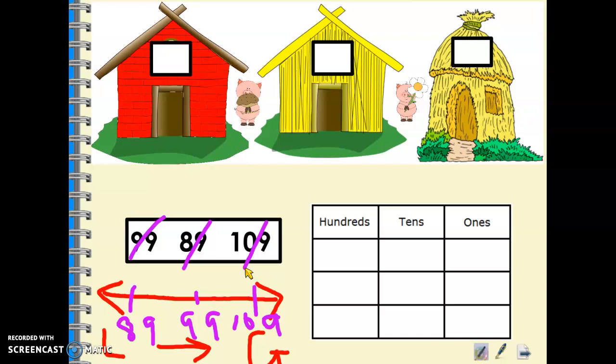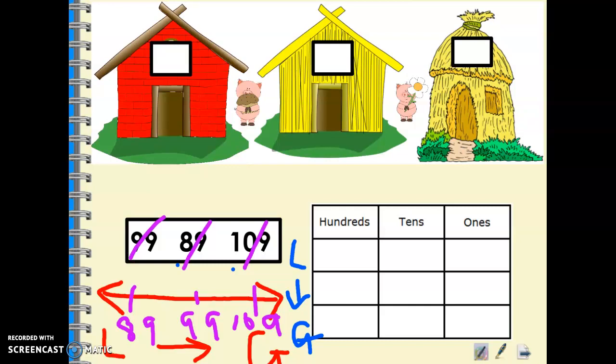So how do we use our place value chart to help us? Let's see. I want to label it least to greatest. We have 9 tens, 8 tens, and 10 tens, which is the same as 100.